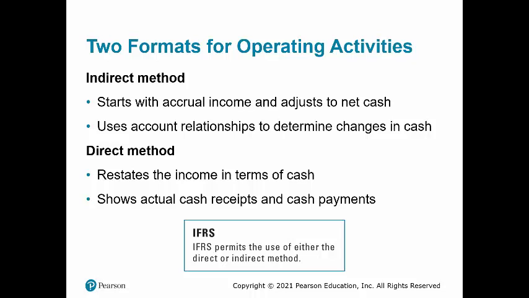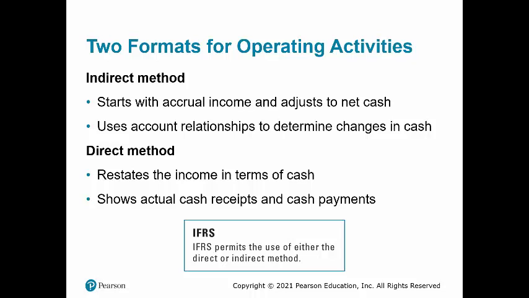There is also the direct method, and that is where we take the income statement and we completely restate it to a cash basis. That is actually going to show the actual cash receipts and cash payments. The FASB prefers the direct method, but it allows the indirect method, and most companies use the indirect method. As you can see from the slide, IFRS allows either of the two methods.